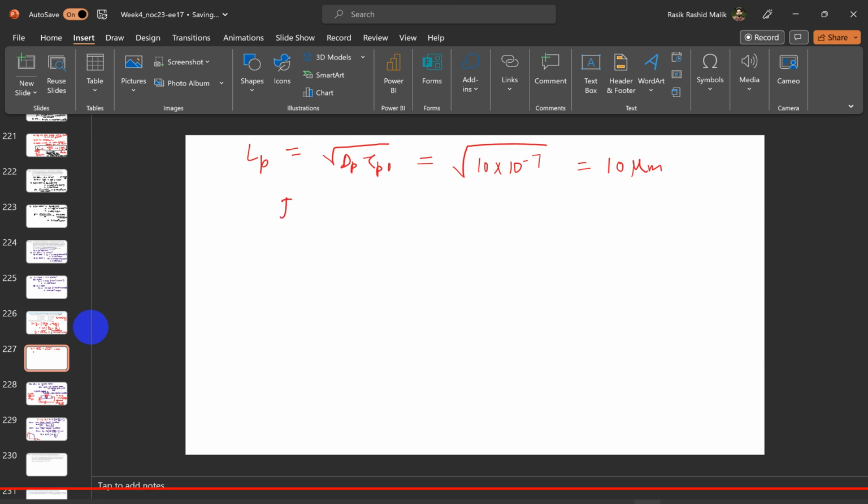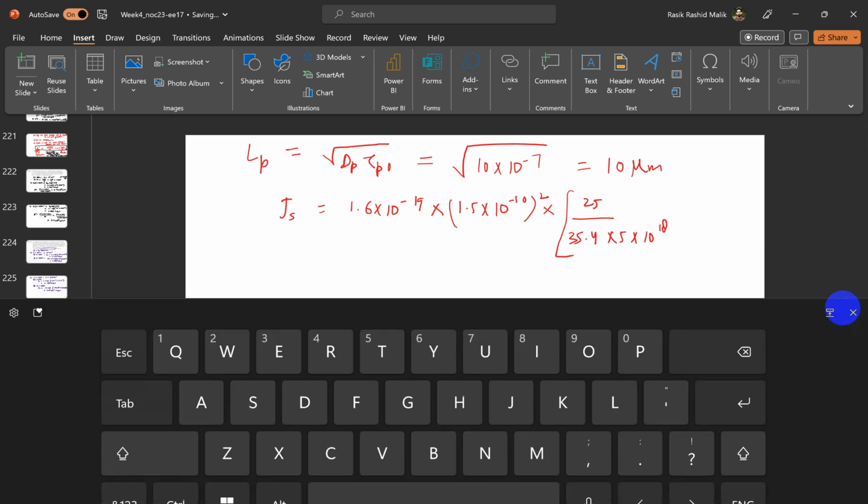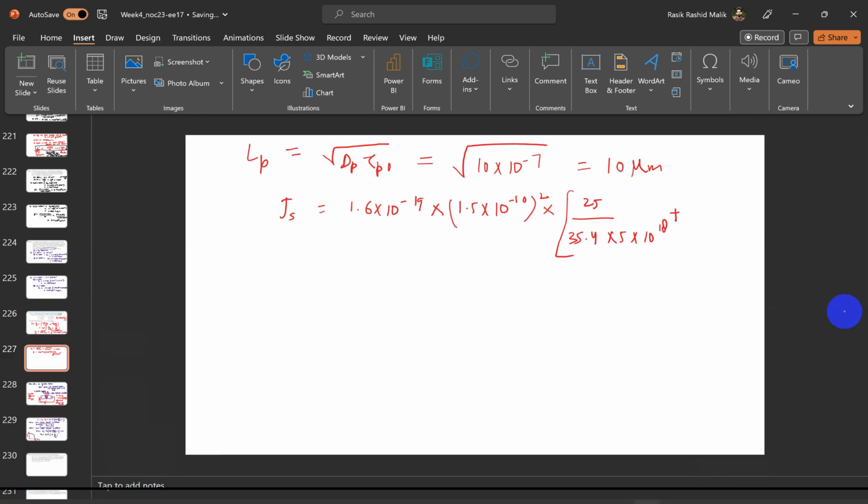So the reverse saturation current density can be then found to be equal to E, 1.6 into 10 power minus 19, and then Ni square, that is 1.5 into 10 power minus 10, and then we have Dn, that is 25, divided by Ln, that is 35.4, into the doping Na, 5 into 10 to the power 18, and then we have Dp, that is 10, divided by Lp, that is 10 into 10 power minus 4.